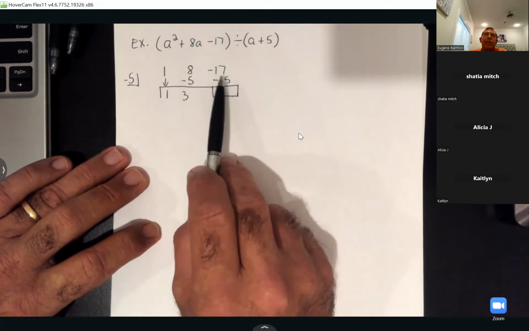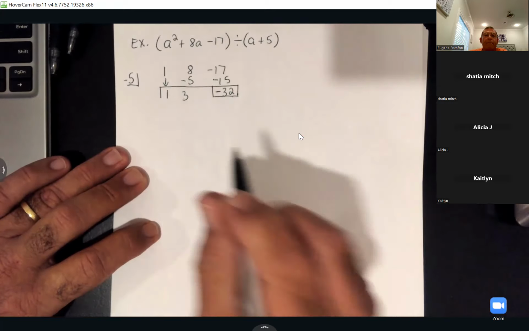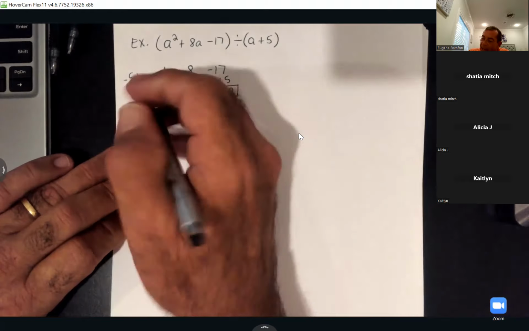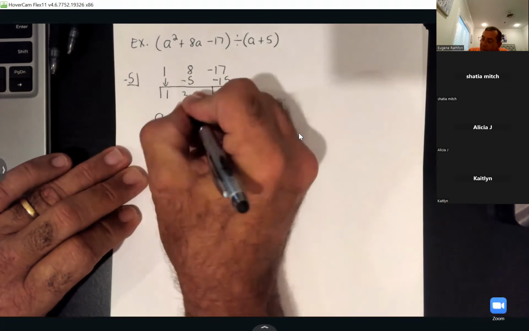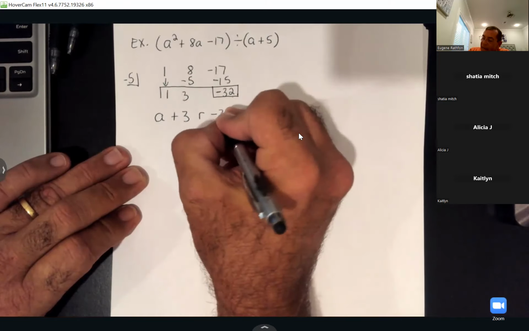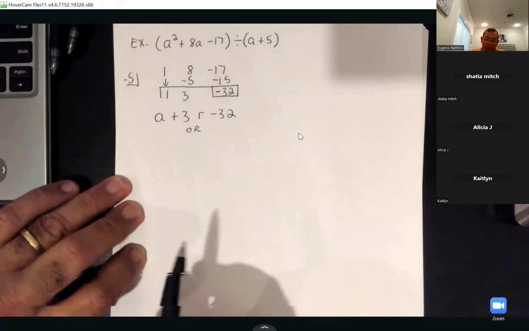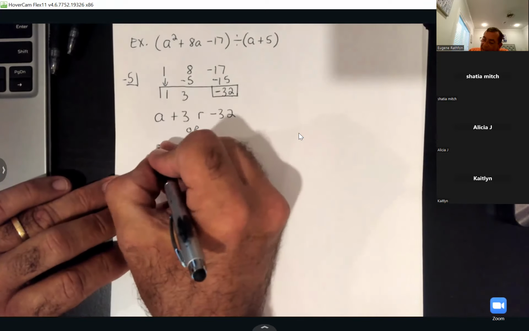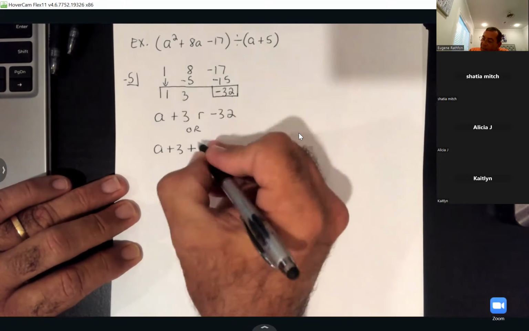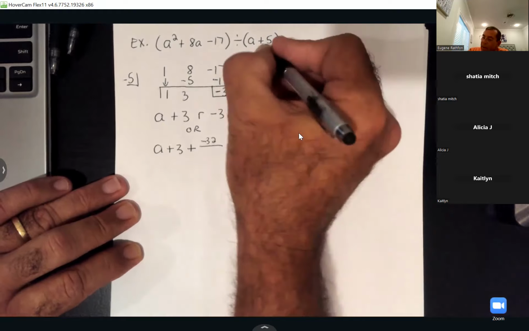And then 17 and 15 give us 32. So my quotient, starting out 1 degree less, means I've got 1a + 3. My remainder is a negative 32. Or remember, I could write that as a + 3 plus my remainder of negative 32 over a + 5.